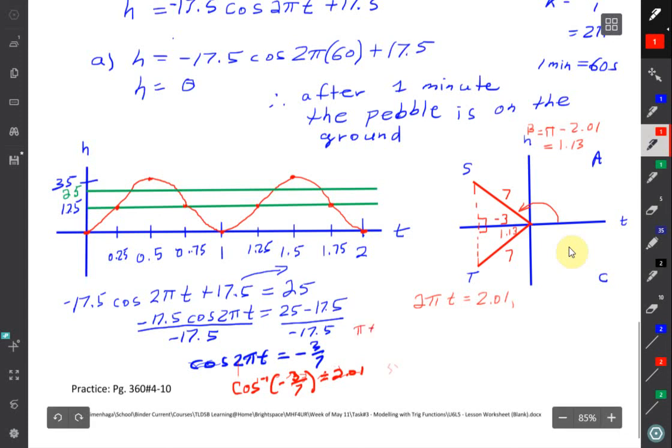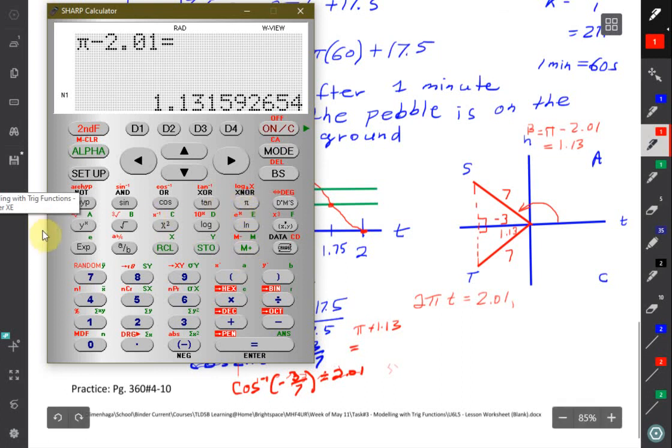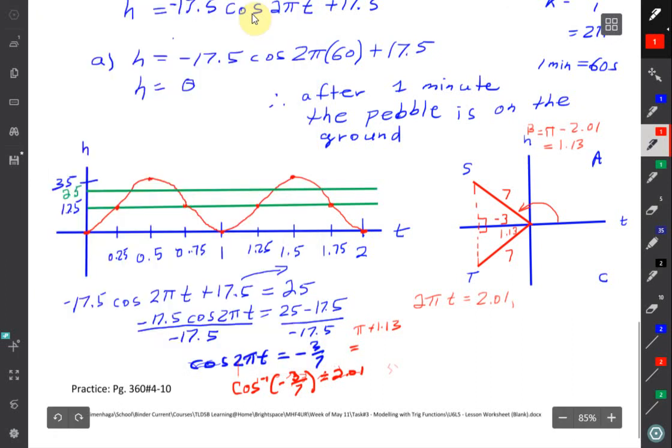Pi plus 1.13 gives us 4.27. So now that's our first two values, and now we need two more, right?